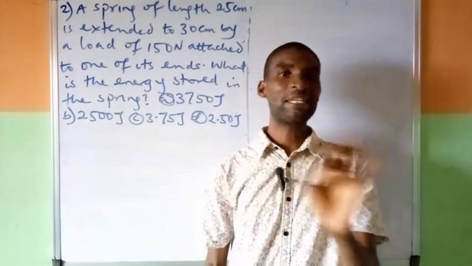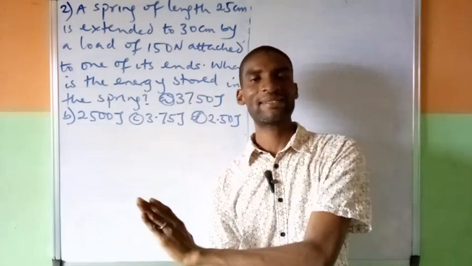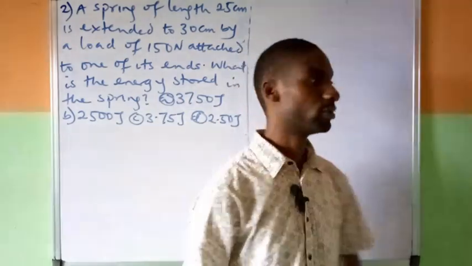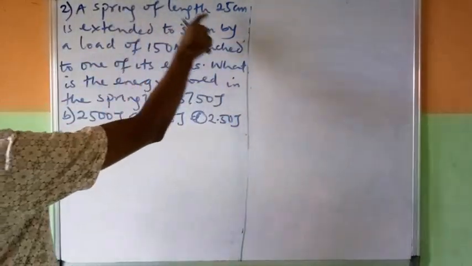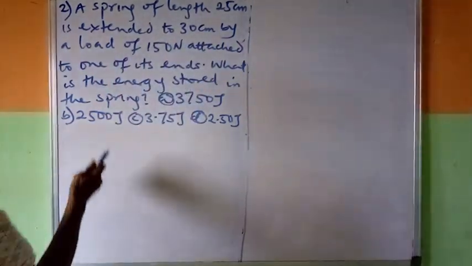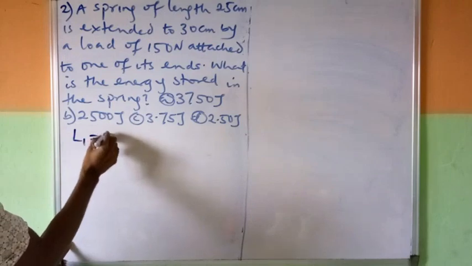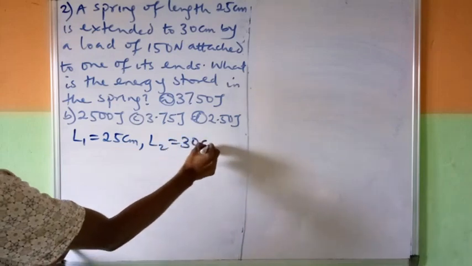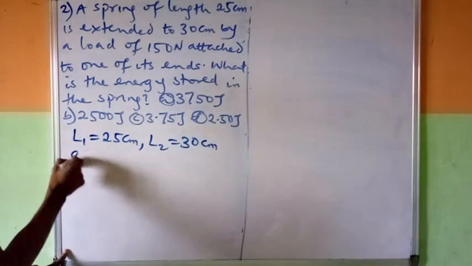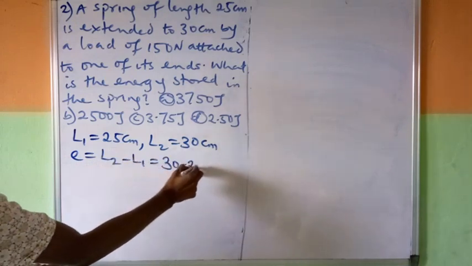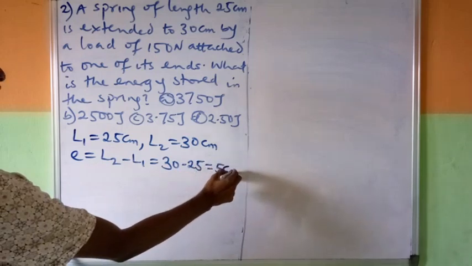So to get the extension, I will do my second or final length minus initial length. Here, a spring of length 25 centimeters is extended to 30 centimeters. So L1 is 25 centimeters, L2 is 30 centimeters. My extension is L2 minus L1, which is 30 minus 25, that is 5 centimeters.